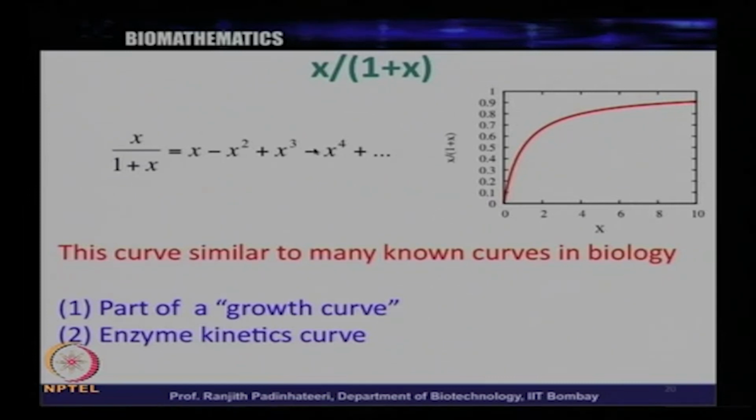So, starting from x, x square, x cube, we came to a function which mimics a biological phenomenon, or this particular enzyme kinetics reaction, for example, behaves as if it is a mathematical function. Think about it, it is a very intriguing thing that a natural phenomenon behaves like some function that we learned in mathematics.